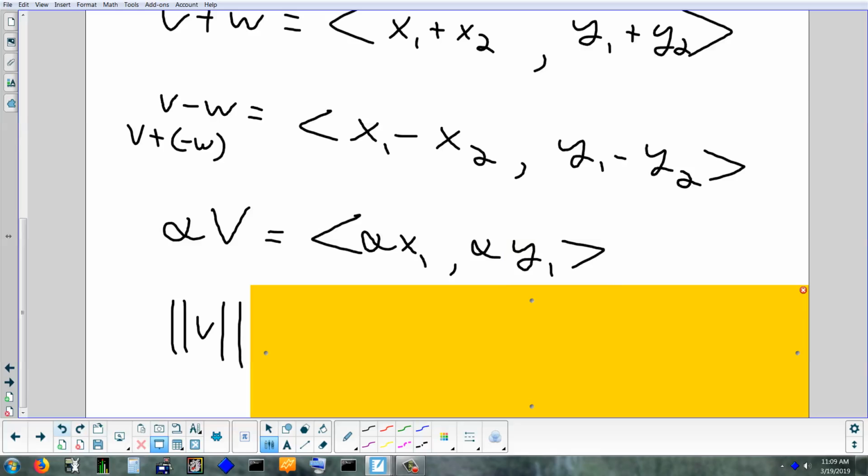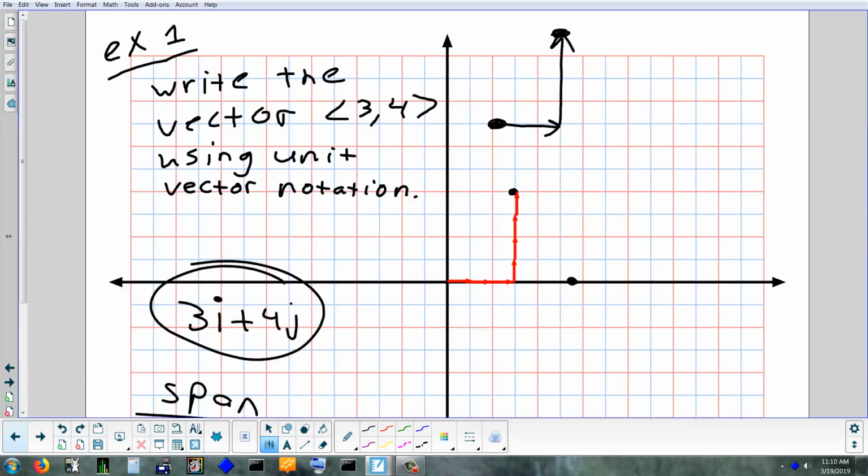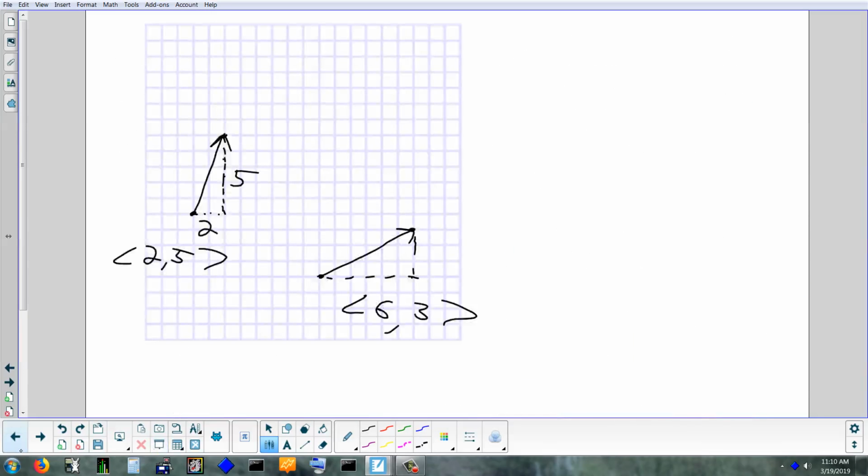And the last one is this symbol. Does anyone remember what the double bars around a vector mean? Yep, it means magnitude. So if you've got a vector, like I basically did here, and you want to find the length of it, does anyone remember what I said yesterday you would do?